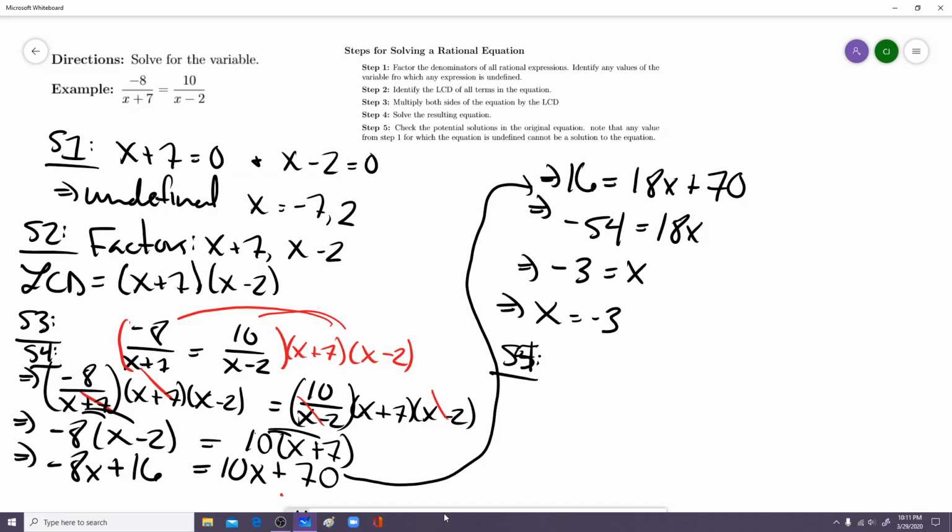We have to check our potential solution with the values that we found in step 1, because if it's one of those values, then it cannot be a solution to our equation. So we're going to compare negative 3. Is this equal to negative 7? No. Right? Negative 3 is also not equal to 2. Because it does not equal anything that's undefined, our solution for sure is x is equal to negative 3.